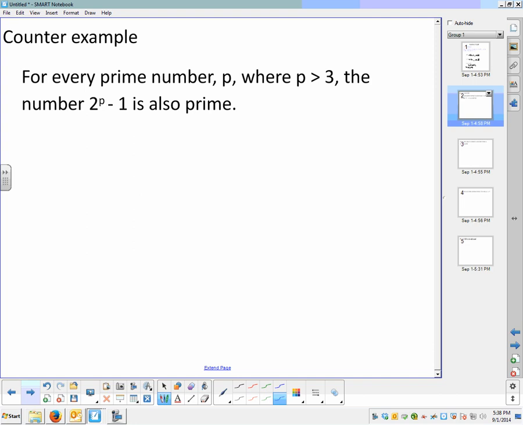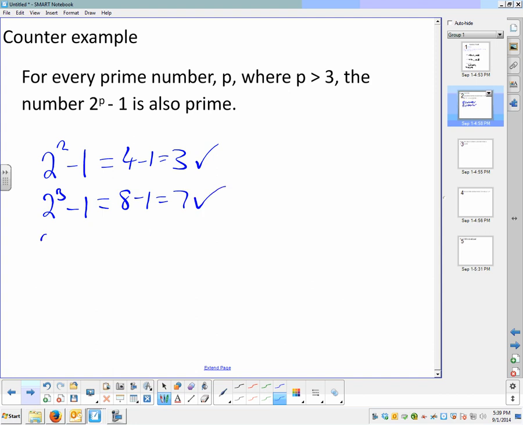And we can check it for some numbers, and it seems to work. 2 squared minus 1 is 4 minus 1 is 3. Prime. Works. 2 cubed minus 1 equals 8 minus 1 is 7. It works. 2 to the 5 minus 1 is 32 minus 1, 31, and it works.